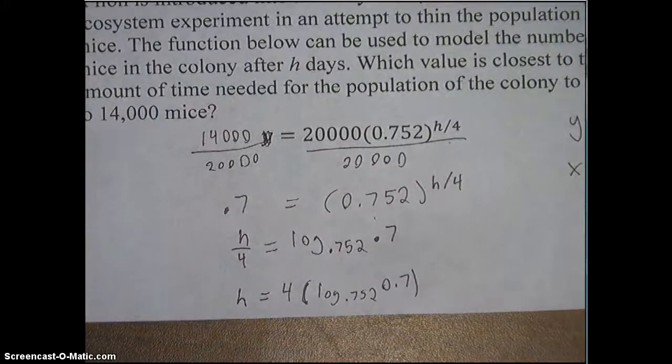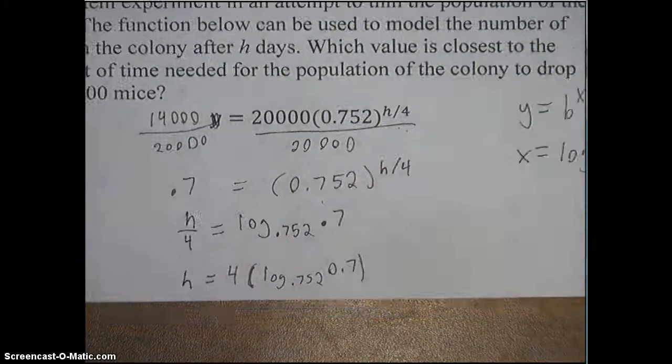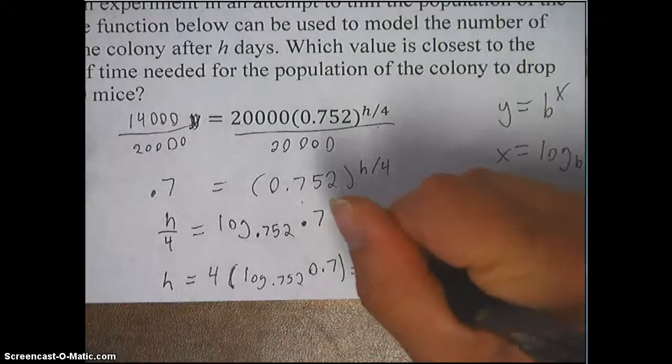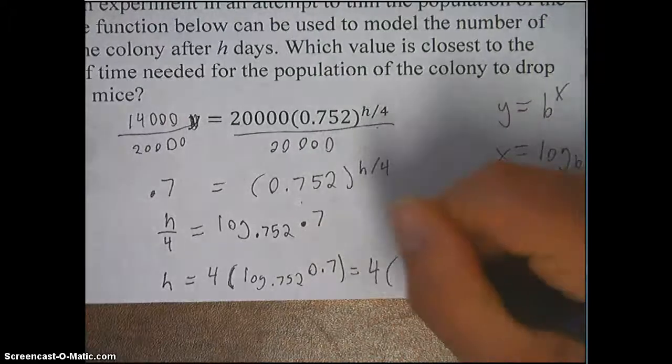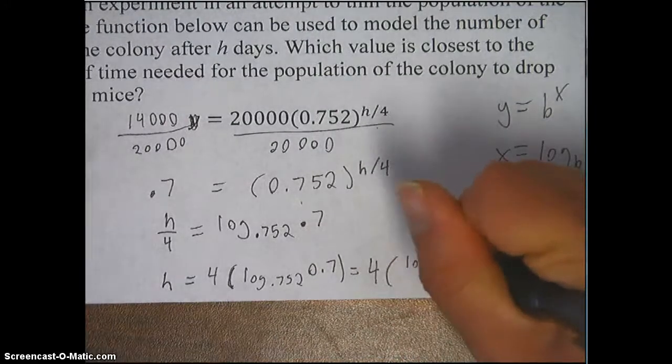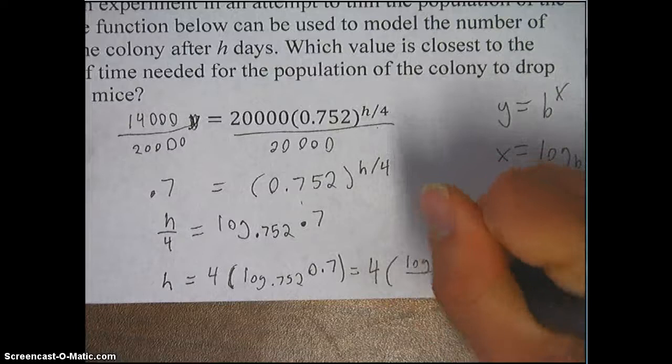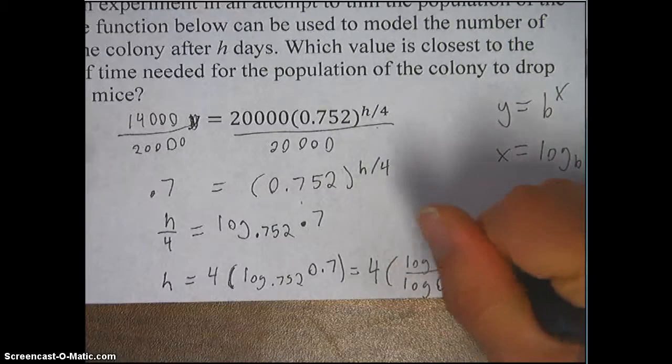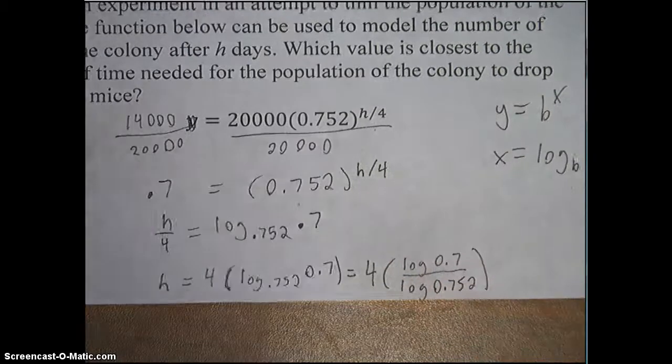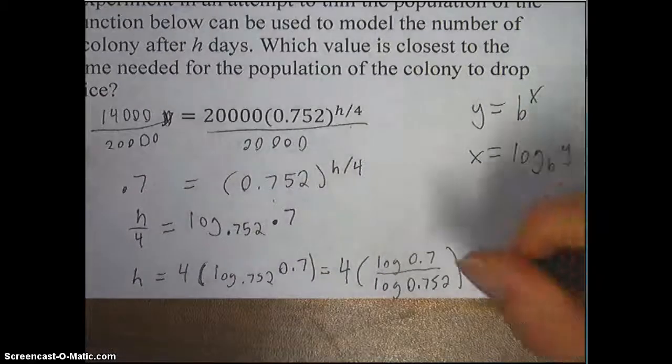And to type that into the calculator, we have to do the change of base formula. It's going to be 4 times log of 0.7 divided by log of 0.752. So I'm going to type all that in the calculator.